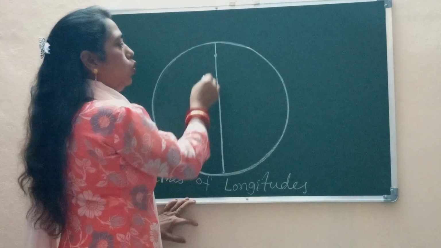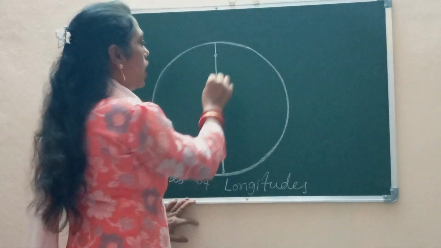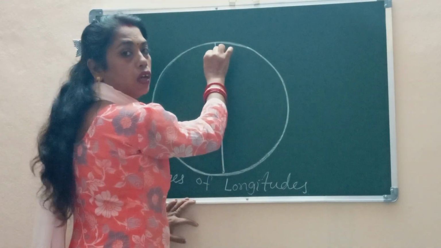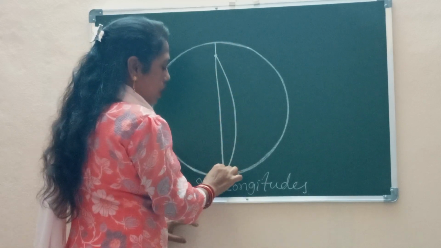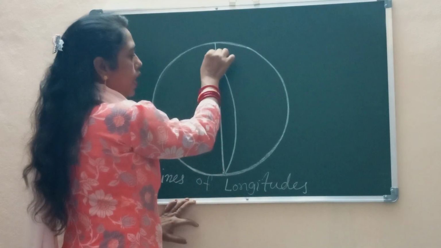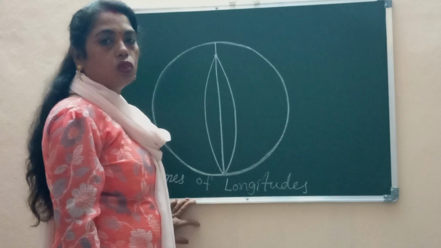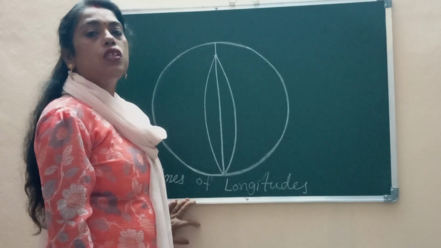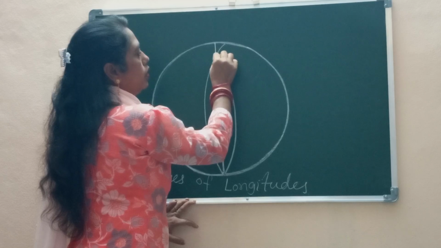Now each and every line of longitude is going to start from the north pole and touch the south pole. Once again, every line of longitude will start from the north pole and touch the south pole.